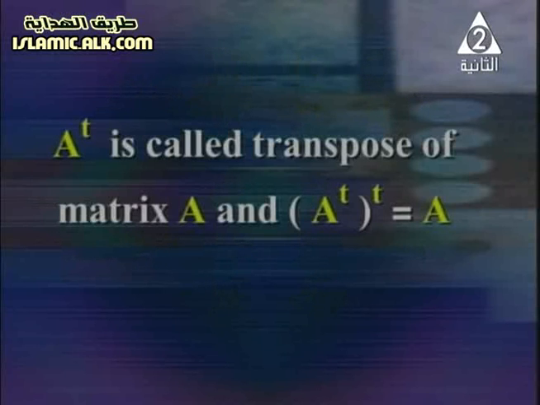AT is called the transpose of the matrix A, and we deduce that AT for all power T equals A. What do we mean? The transpose of the transpose of a matrix equals the same matrix. This is the rule: AT for all power T equals A.